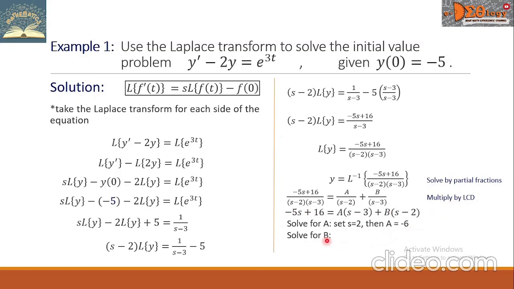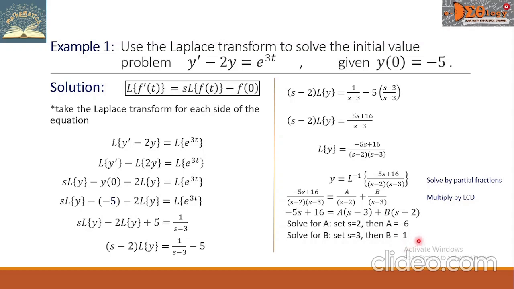Now let us solve for b. Look at this variable a with factor s minus 3. Let us set s equal to 3, meaning we're going to change all s by the value 3. So we can solve for b, and b here is equal to positive 1.